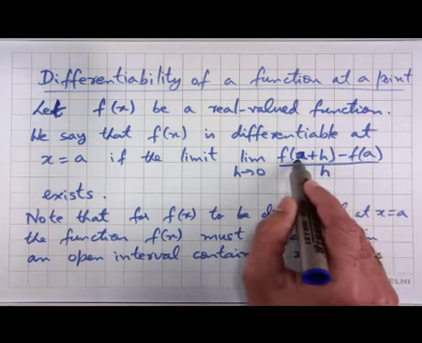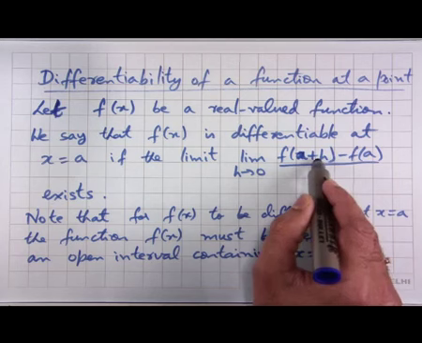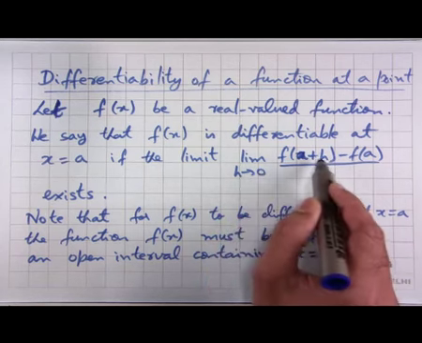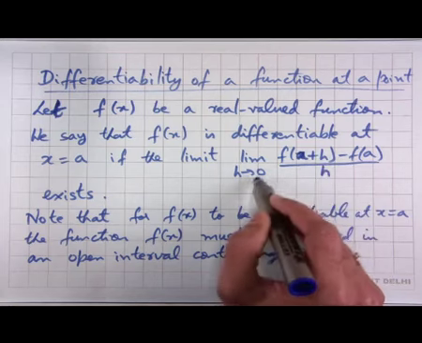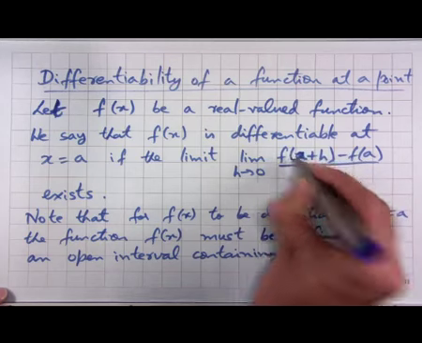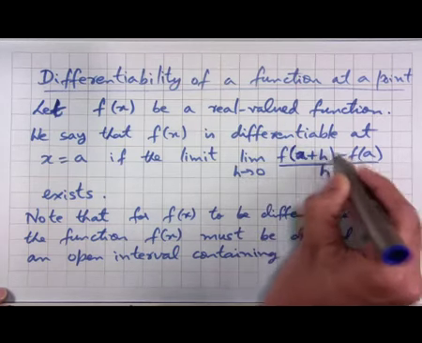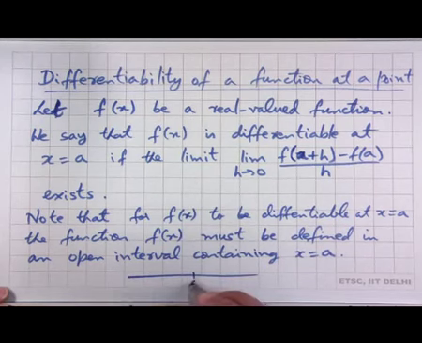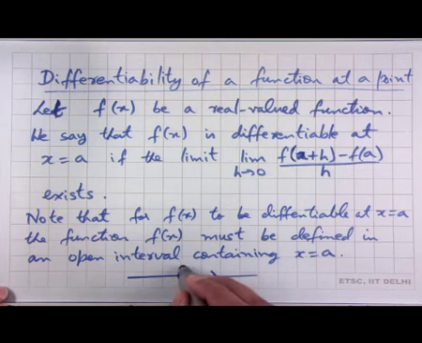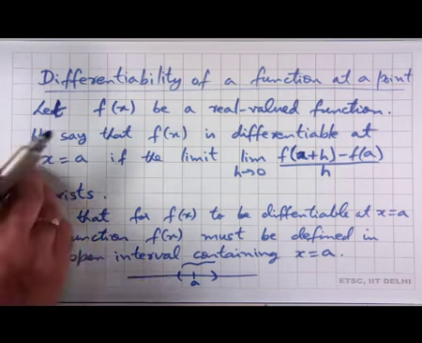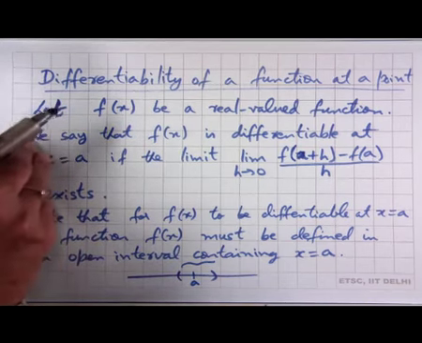Also we are writing f of a plus h and then taking the limit as h goes to 0, so h can be positive or negative and a small real number. So, the function must be defined in some interval near a, and only then can we talk about the differentiability of the function.